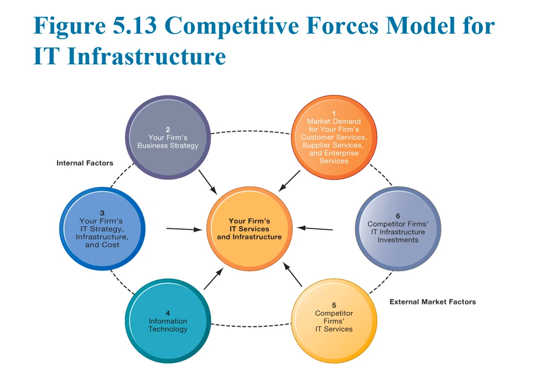Okay, so next, let's look at the diagram of the items that we just discussed. We have the competitive forces model for IT infrastructure. There are 6 factors you can use to answer the questions that we saw on the previous screen: how much should our firm spend on IT infrastructure?